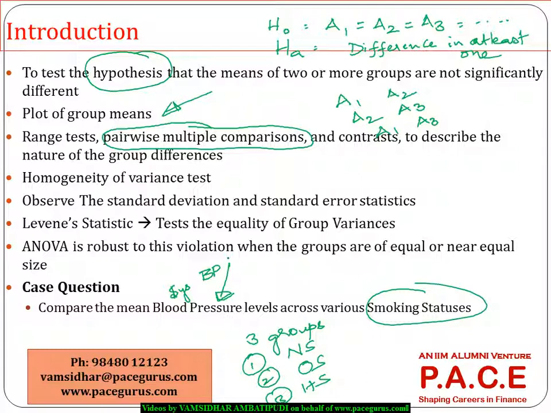or whether there is any kind of significant difference between the three. For that, initially it even helps me test the equality of the variances, whether the variances across the groups are equal or not.